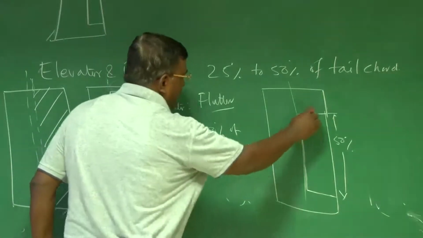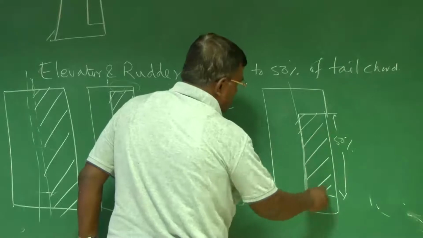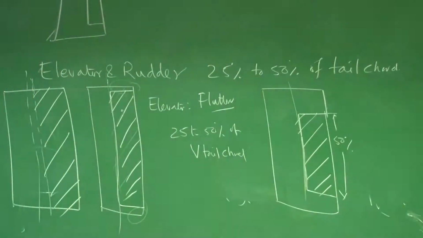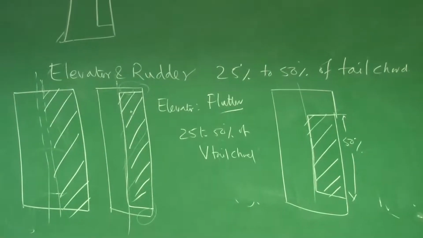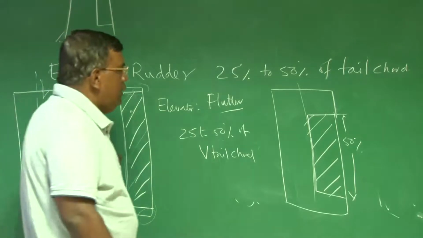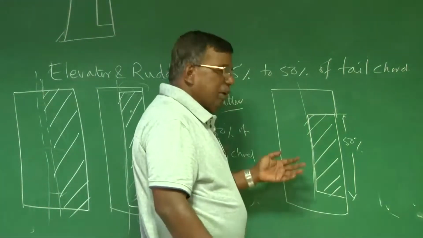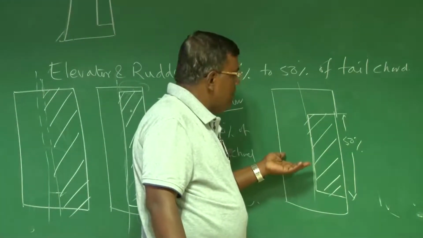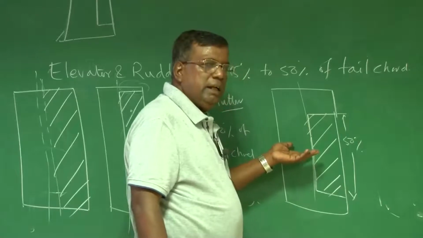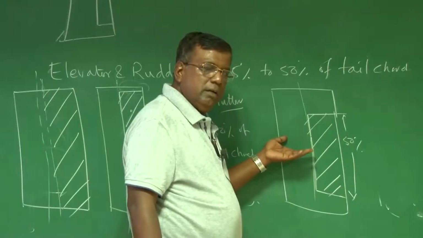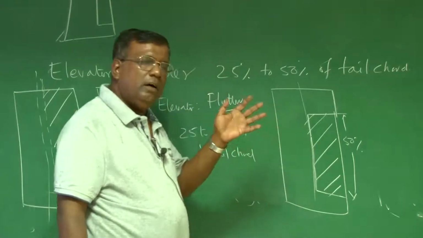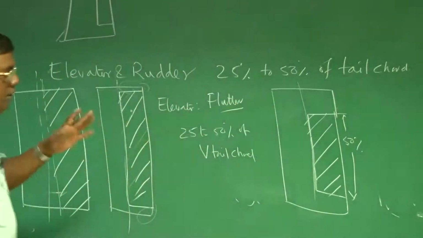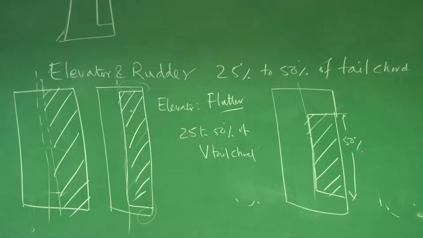But you will find for the high speed, around 50% of that vertical span of the vertical stabilizer is used as a rudder. In a rudder, there are many other things we will be discussing. How to ensure that it has better spin recovery qualities, which comes into the final design or a second stage design. At a conceptual stage, I need to have those numbers, right? Okay.